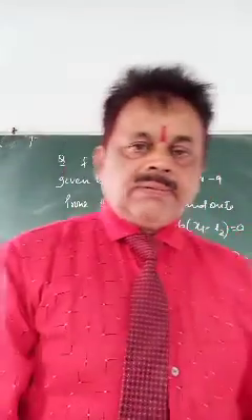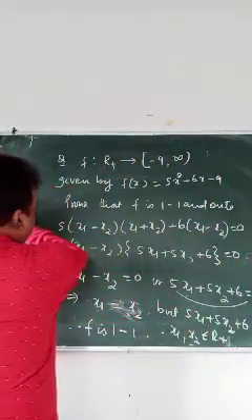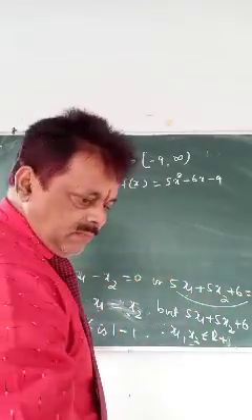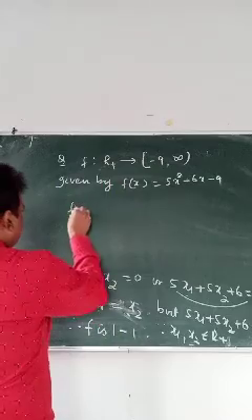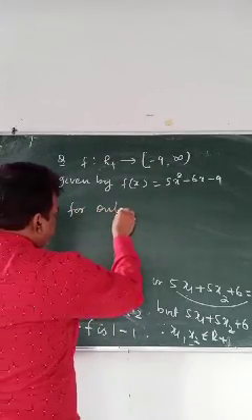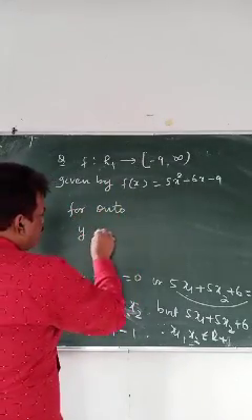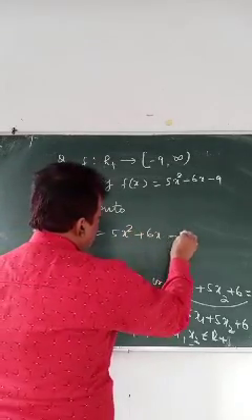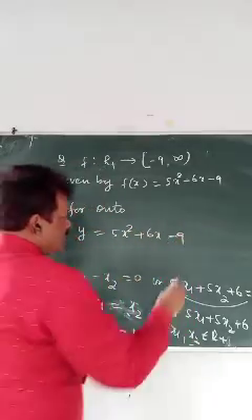Let's check onto then. For onto, look at what the method is. For onto, y equals 5x square plus 6x minus 9. Where is this y?